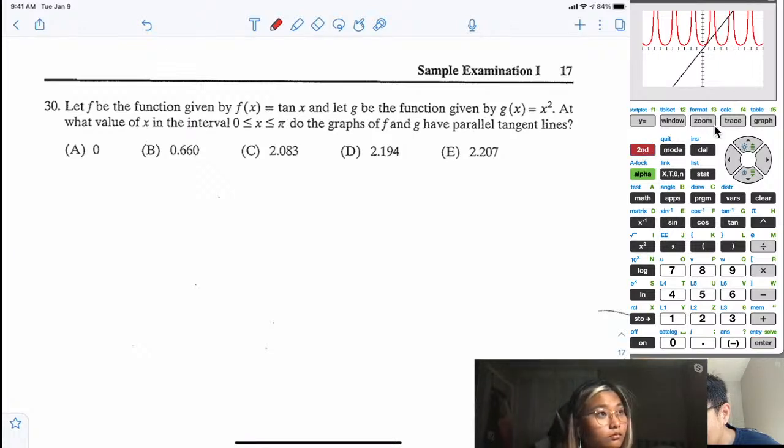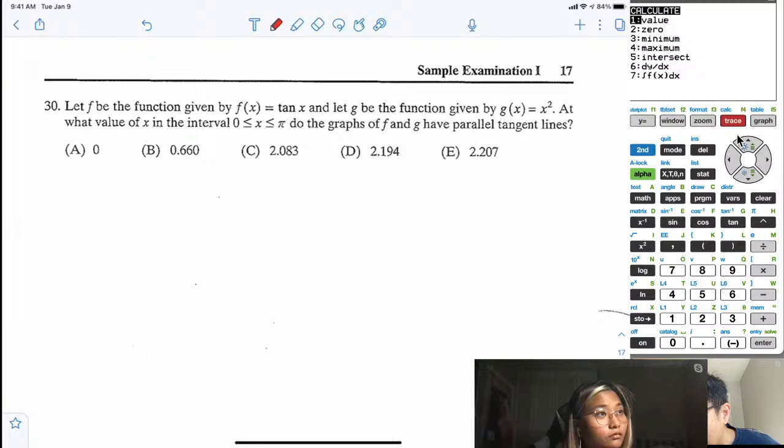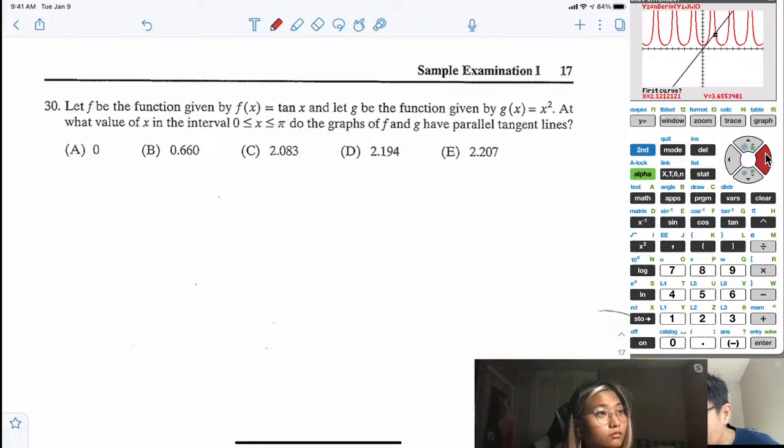So I'm going to do second calc and intersect, and I'm going to do it to the first curve. I'm going to use the red curve. I press enter and use the black curve. I'm going to use here, and hopefully they find the answer 2.083. That's how I did it.